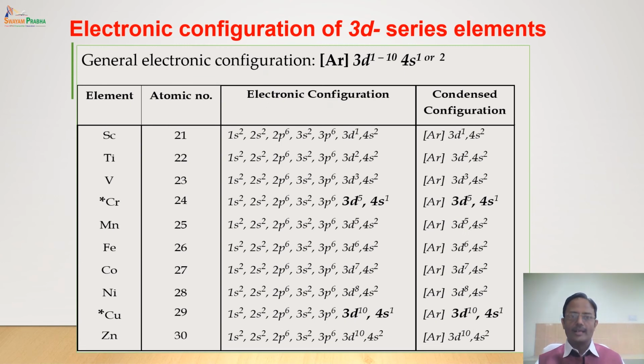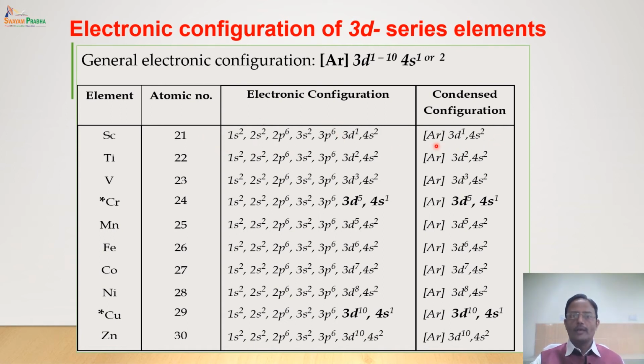The actual electronic configuration is like this. I have put this electronic configuration in two forms. The complete electronic configuration, as we have discussed according to the above principle, and second is the condensed electronic configuration. We'll see what this condensed electronic configuration is. If we observe this electronic configuration carefully, up to 3p6, it is exactly the same as that of argon.